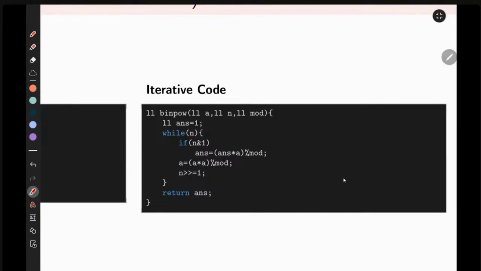It means the bit at that position is set, right? I hope this is very understandable. That's why we multiply by a in our answer. Else, we square our variable a and halve n, which is bit shifting, a right shift I guess. I'm just confused between left and right. And we return the answer.